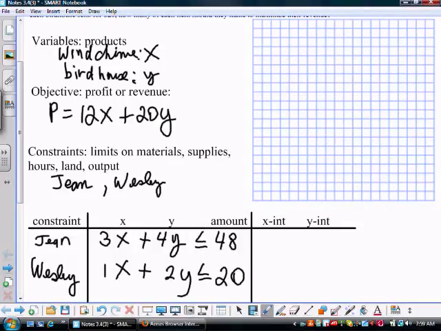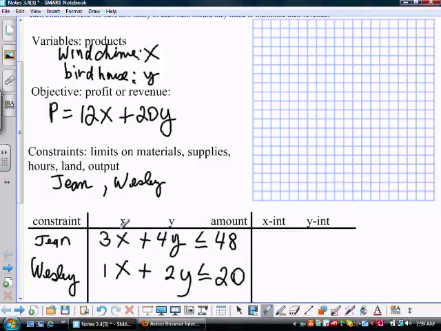It's going to be easiest to graph with the x-intercepts and y-intercepts. We're only going to use the first quadrant, so we're only going to use the positive x's and the positive y's. We don't have to worry about graphing in the other quadrants. To find my x-intercept for the Jean inequality, I make y 0.